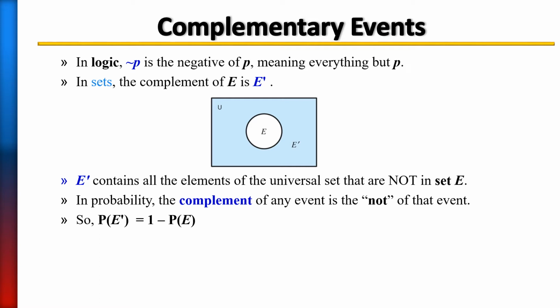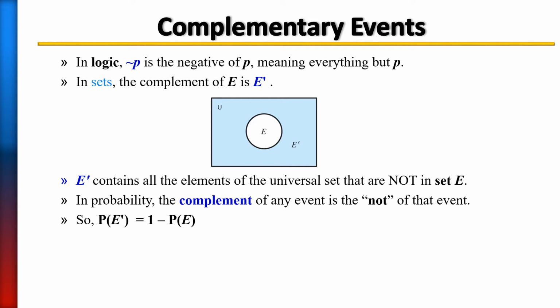In probability, the complement of an event is any event that is not of that event. So the probability of E prime, or the probability of not E, would be 1 minus the probability of that event happening.